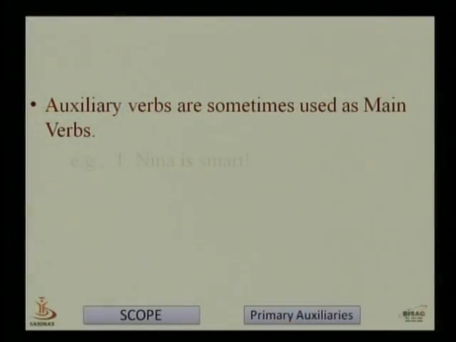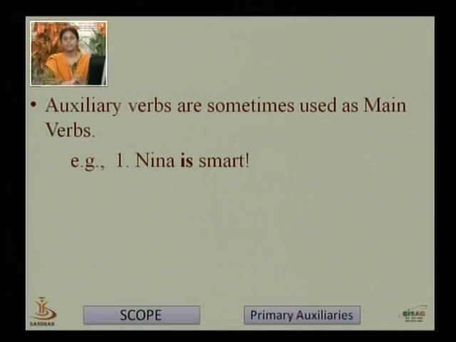They also function as the main verb in a sentence. Let us have some examples. Please check on the PPT. Nina is smart. The verb used is an auxiliary, but it functions as the main verb. It denotes some kind of state of being.